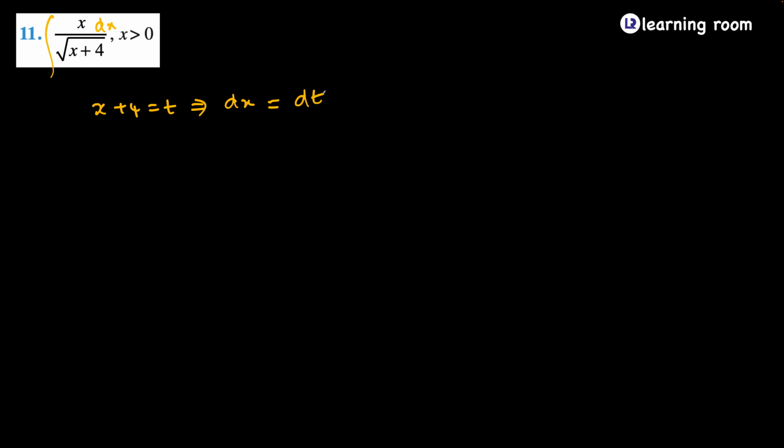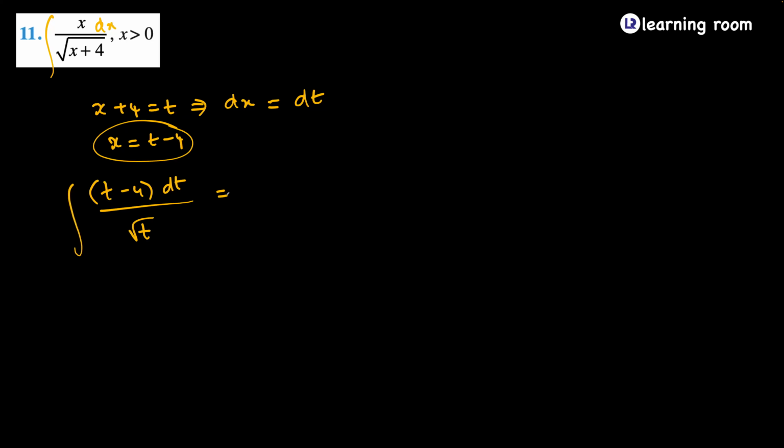When x plus 4 is t, x will be equal to t minus 4. So in the numerator, I'll substitute x as t minus 4. I'll replace dx with dt, divided by square root of t. Did you understand? So this will be equal to t minus 4 by root t.